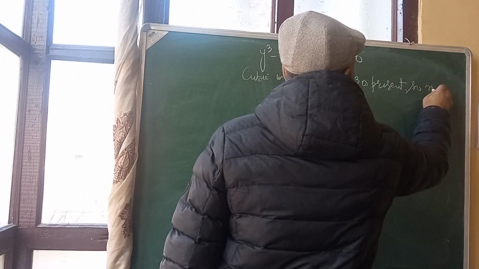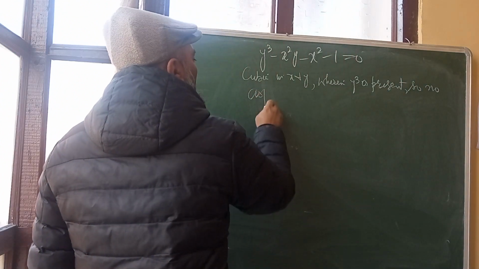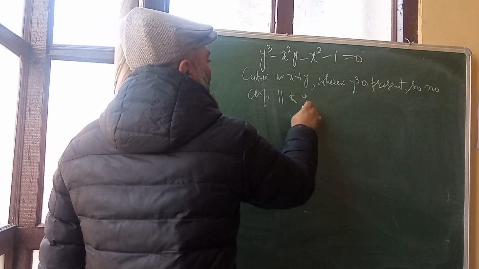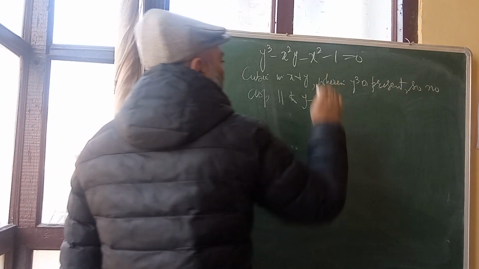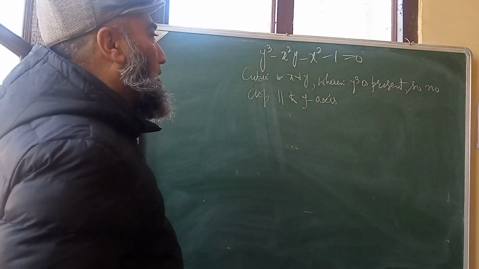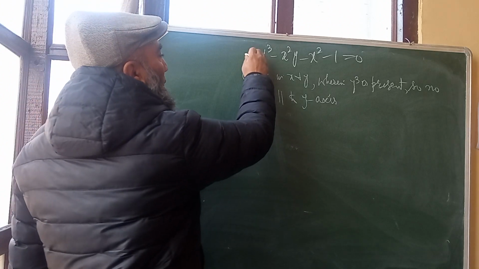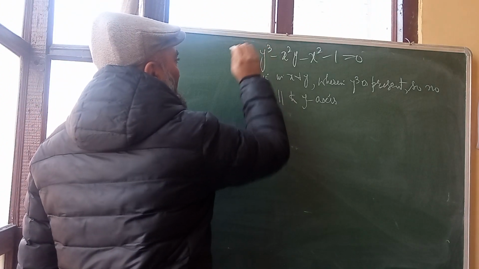I am just finding parallel asymptotes only. So no asymptote parallel to y-axis because y cube is present.